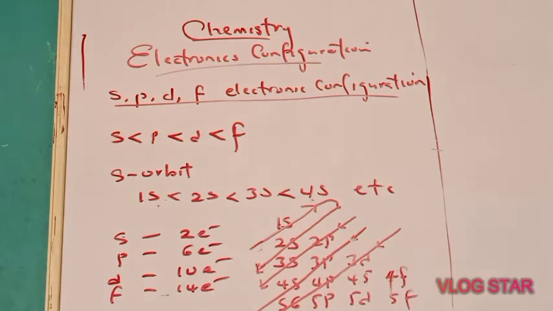However, there's an issue here. This is the right way it should have been, but 4s has a lower energy level than 3d. So 4s is first filled up before you fill 3d.